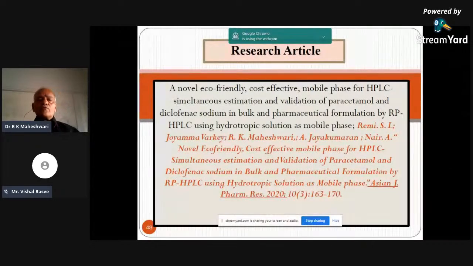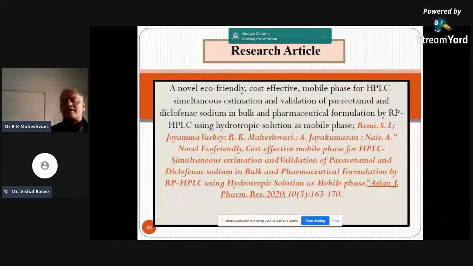Now, another paper by the same Remy Madam. Here so many validation parameters were there; it is a very big paper. A novel eco-friendly cost-effective mobile phase for HPLC, simultaneous estimation and validation of paracetamol and diclofenac sodium. Two drugs are there in one tablet, and they were assayed by reverse phase HPLC in bulk and pharmaceutical formulation using hydrotropic solution as mobile phase.